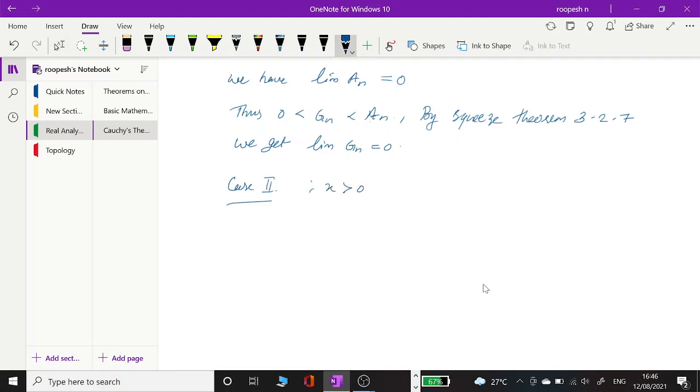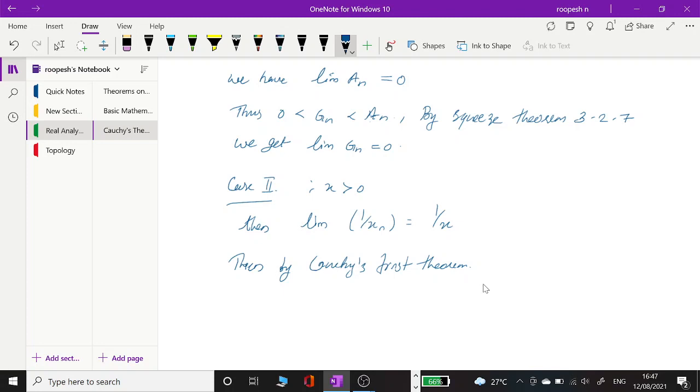Now case 2, x is greater than 0. Then limit of 1 by xn is equal to 1 by x, right? Since x is not equal to 0, we can apply this. So by Cauchy's first theorem, what do you get?